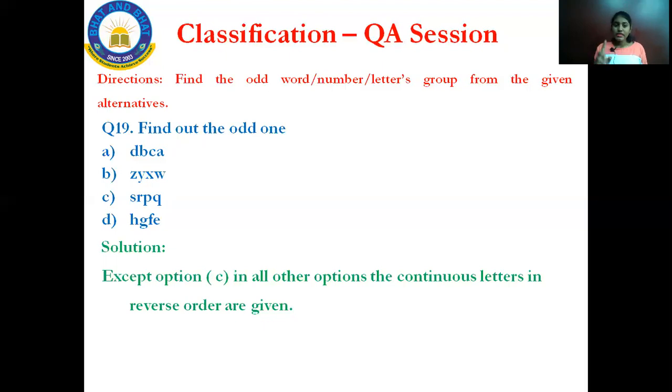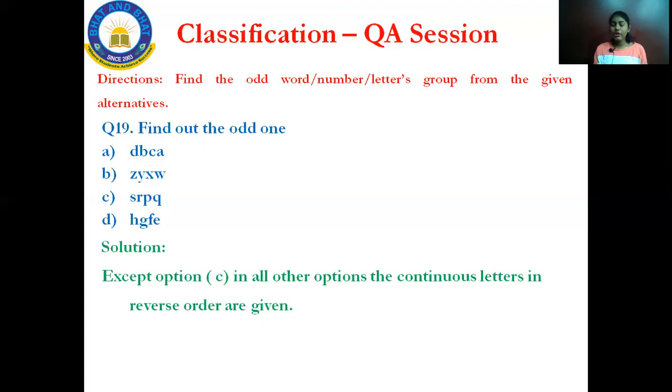See, D, C, B, A. Next, Z, Y, X, W, and then S, R, P, Q. Next, H, G, F, E. It is in the reverse direction, but option C is in the forward direction.